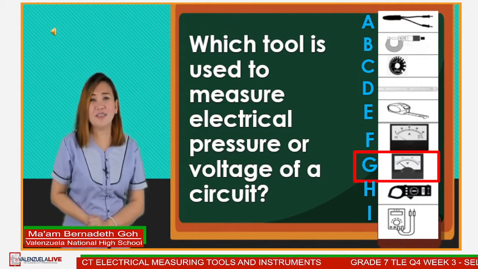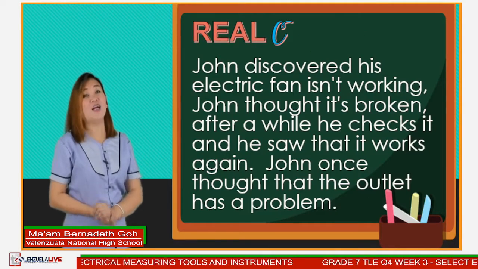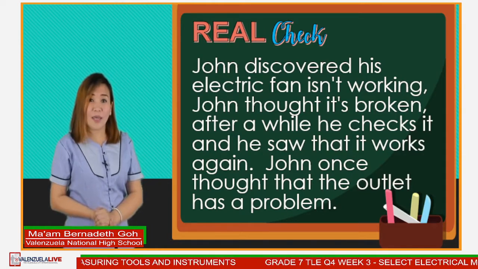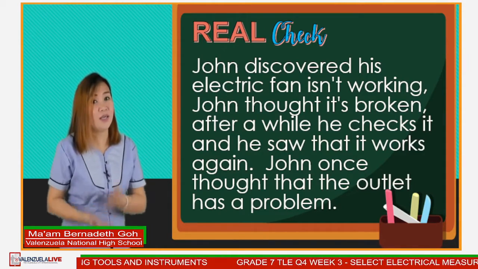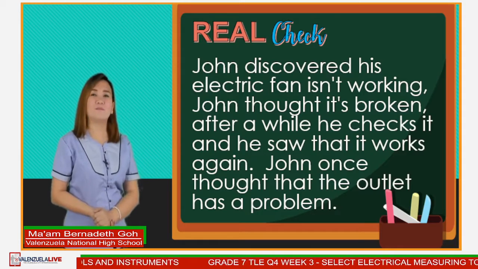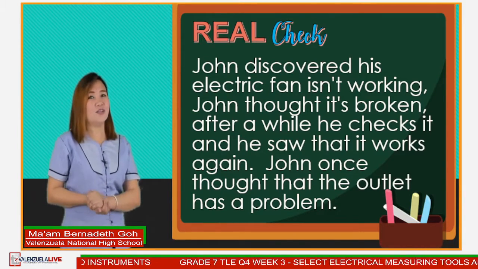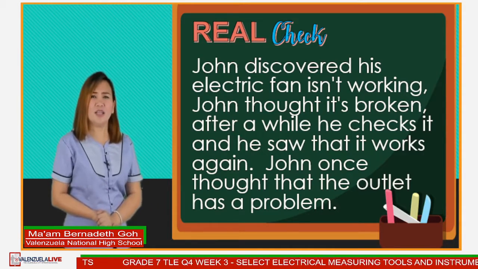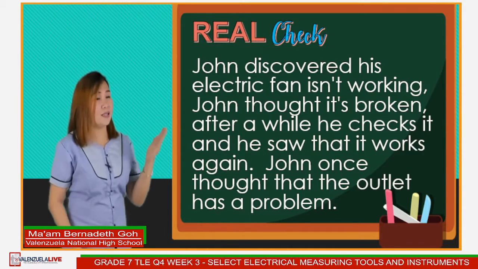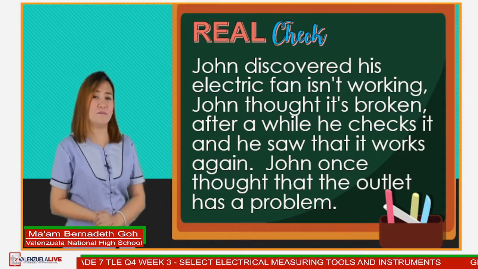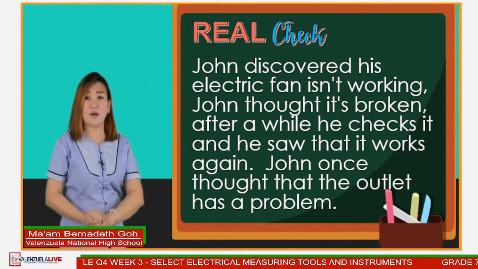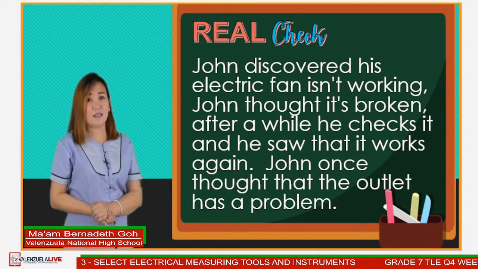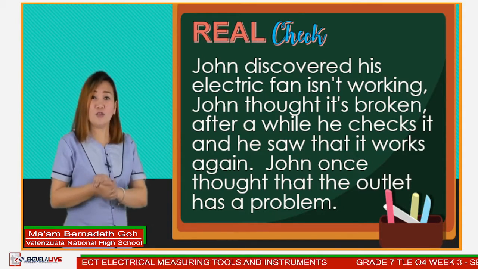Now let's move on to the next activity. Refer to the given real-life situations below and decide whether you agree or disagree. Situation number 1. John discovered his electric fan is not working. John thought it's broken. After a while, he checks it and he saw that it works again.